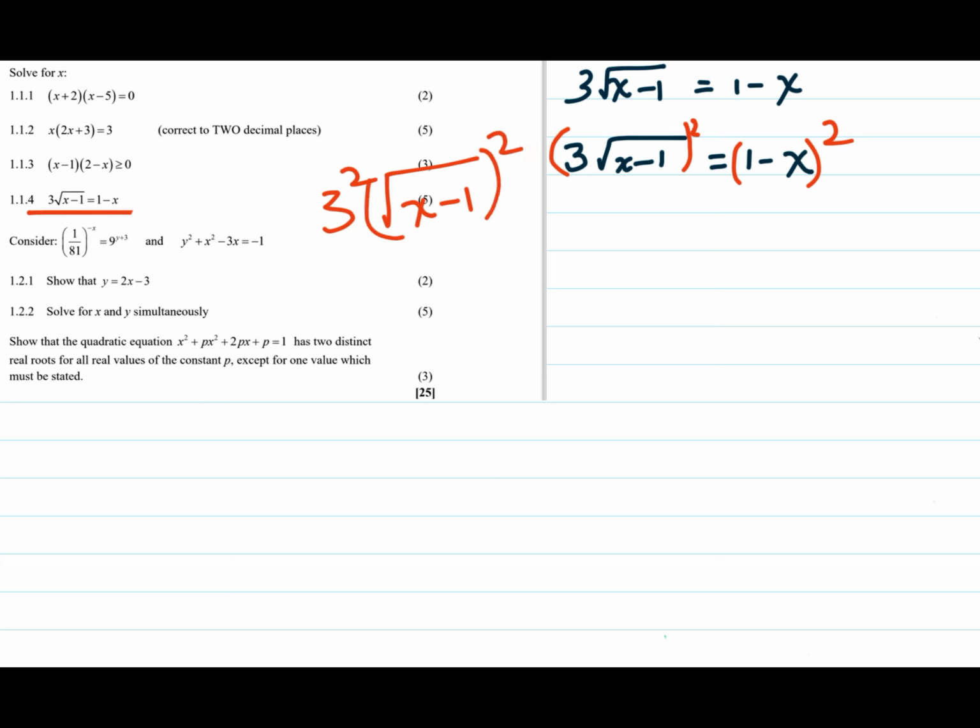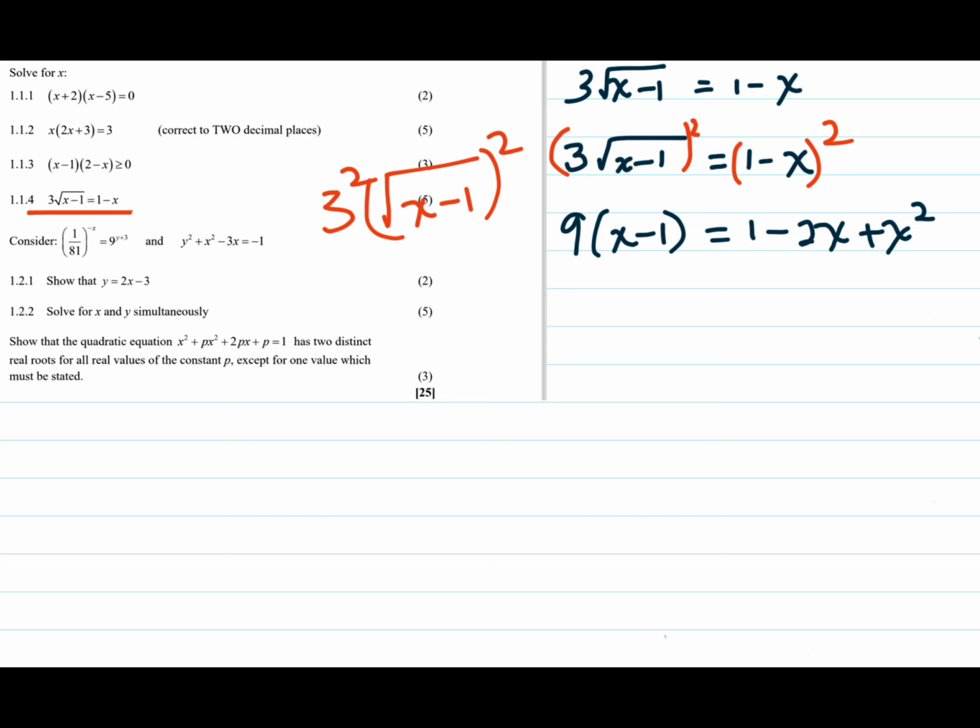So 3 squared is 9. And then when we square, the square root is going to disappear, and we'll just have x minus 1. Remember to put that in brackets. And then we have 1 minus x squared, that is equal to 1 minus 2x plus x squared.